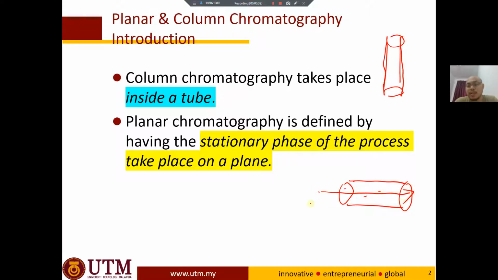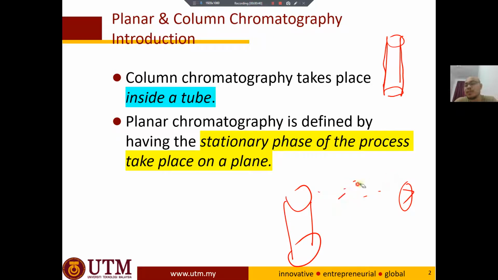This column should be vertical. Right now I just draw it horizontally, so it's not the correct way to perform column chromatography. Column chromatography is always vertical, and we spread the compound descending, meaning from upper to below, based on gravitational flow, or we can use a pump to push our compounds to separate.